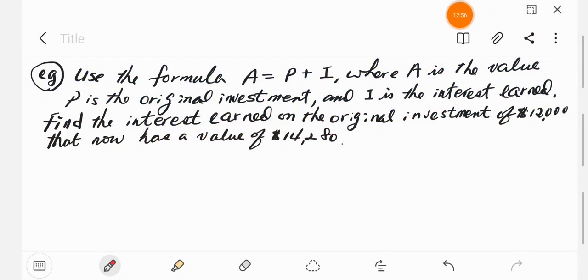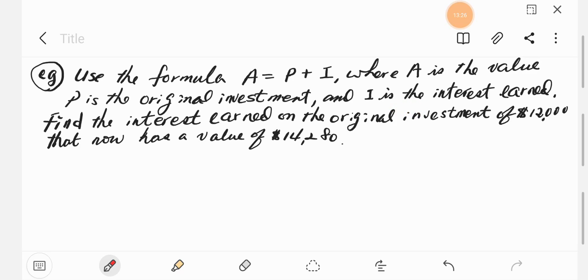Here's another example of a word problem. Use the formula A equals P plus I, where A represents the value of the investment. So A is the total amount after you invested some money, P is the original investment, and I is the interest earned.